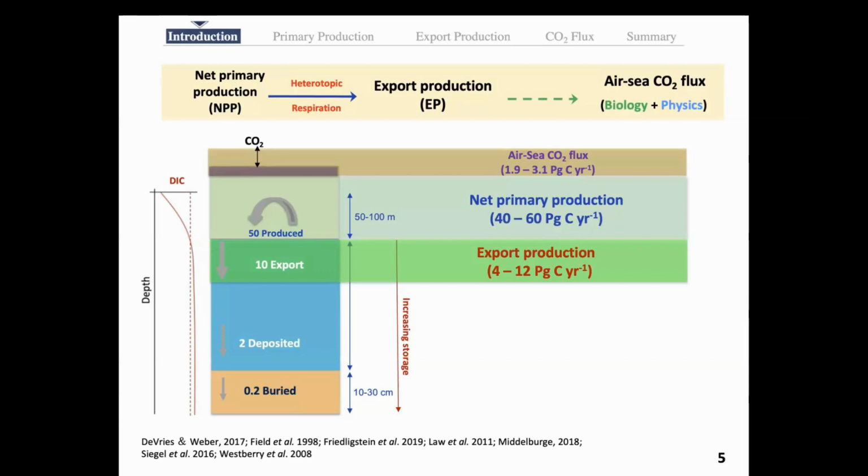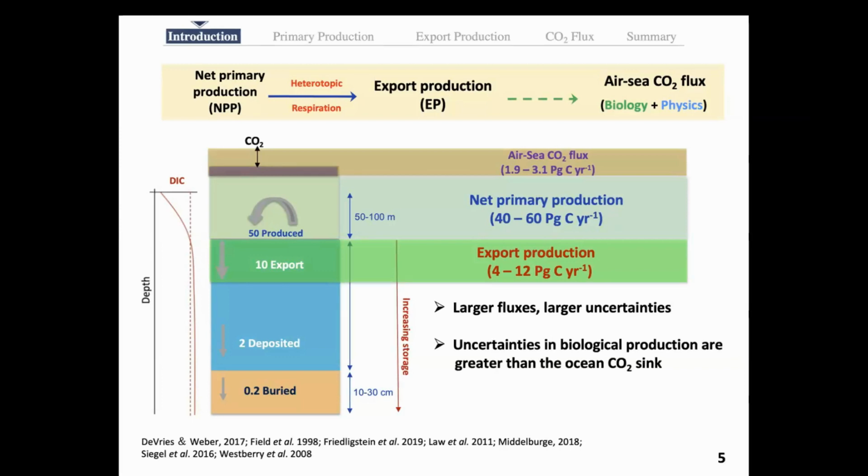So the current scenario is larger flux, larger uncertainty. More importantly, the uncertainty in the biological production estimate is much greater than that of the air-sea CO2 flux, which makes it challenging for us to accurately quantify the role of biology in regulating the air-sea CO2 flux.